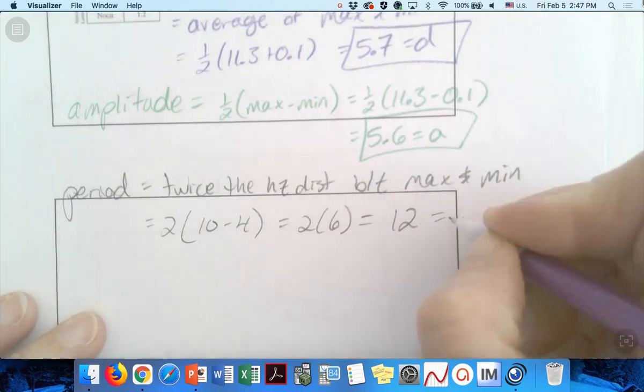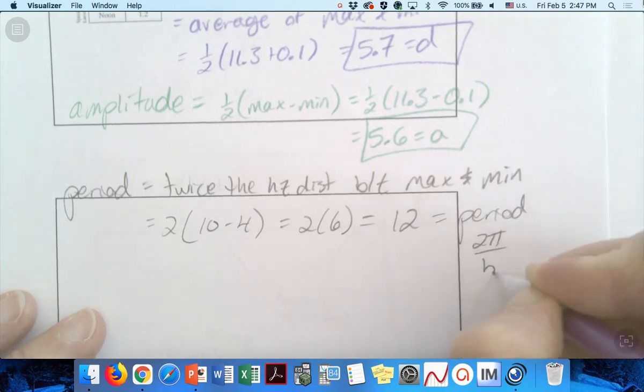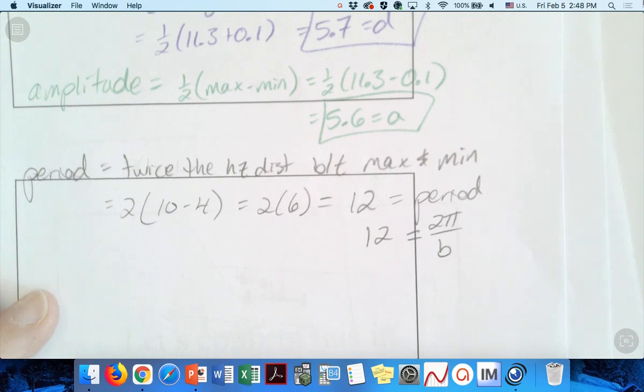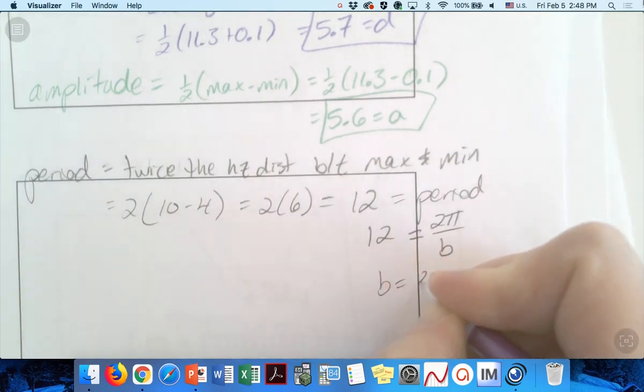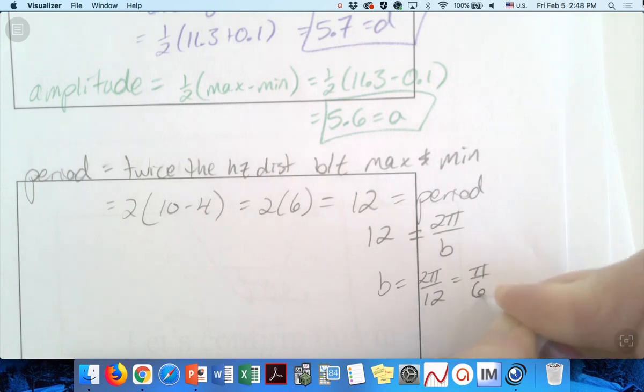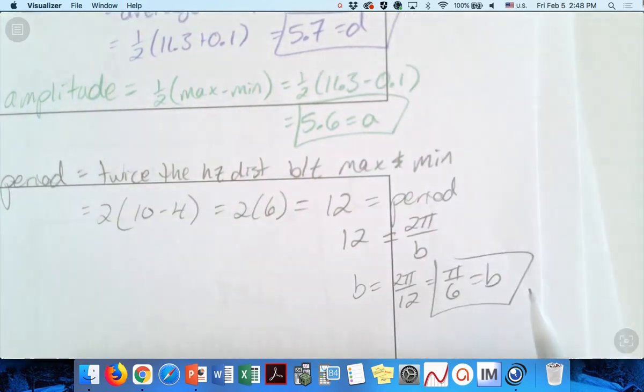So if your period is 12, and we know that your period is 2 pi divided by b, we just say 12 is equal to 2 pi divided by b. And solve for b. Yeah, pi over 6. All right, so we've got D, we've got A, we've got B.